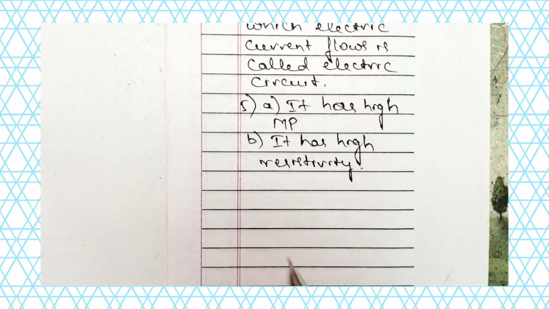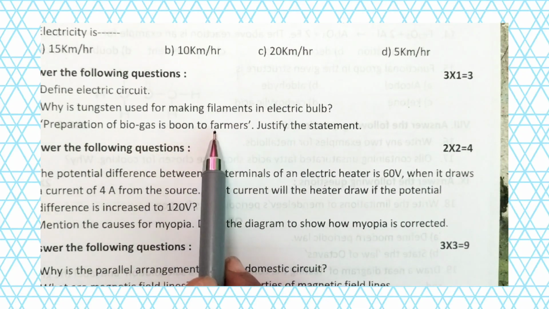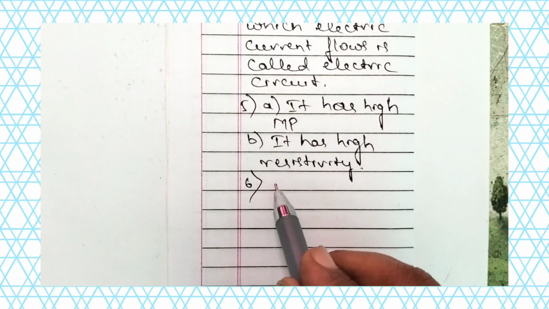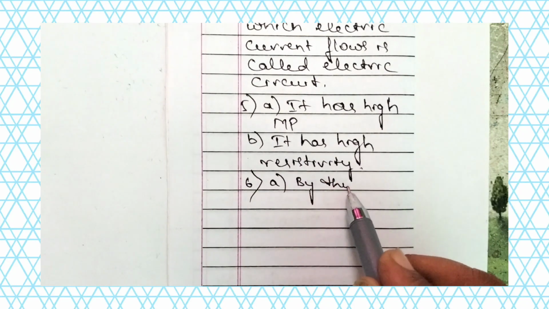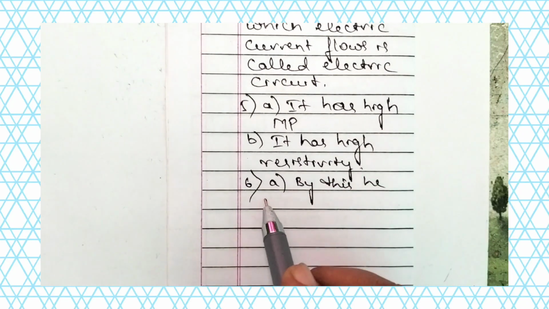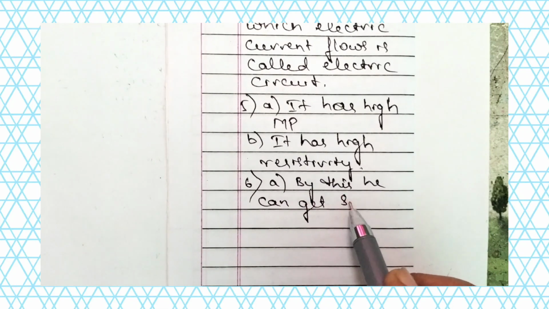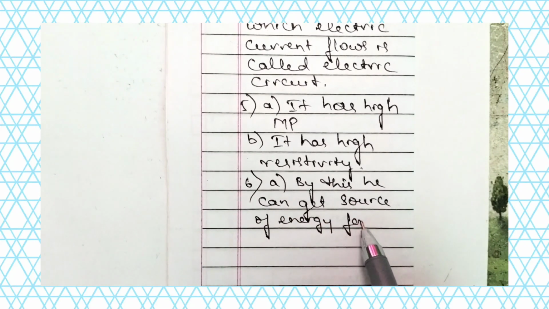Then coming to the sixth question. In the sixth question he asked, preparation of biogas is a boon to farmers, justify this statement. Since it is 1 mark, I will write the first point: by this he can get a source of energy for cooking.